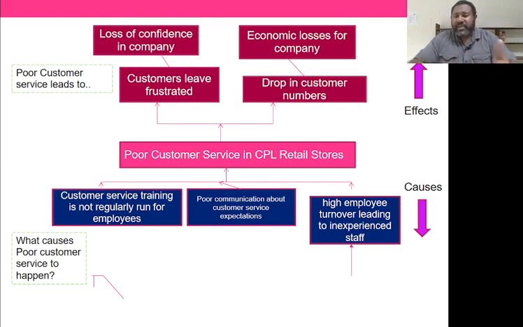And maybe one of the things that's also causing this is the high employee turnover, leading to inexperienced staff. So experienced people might leave, or those who become employed, they work for a certain time only and then they leave. So there's a high turnover in the organization. So three major factors are actually causing the poor customer service to happen in the CPL retail stores.